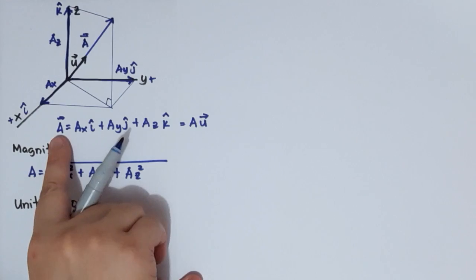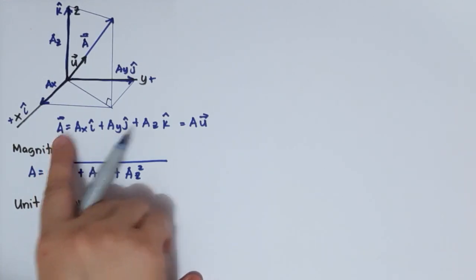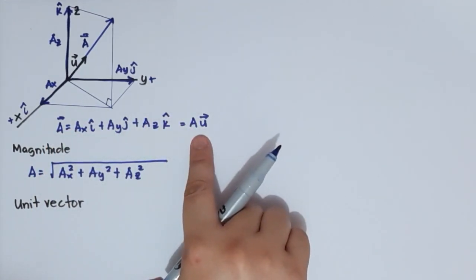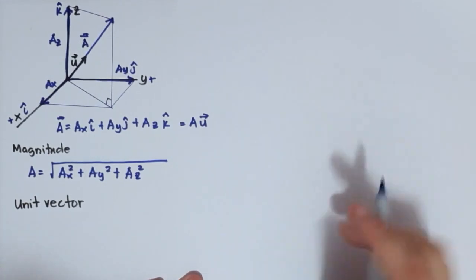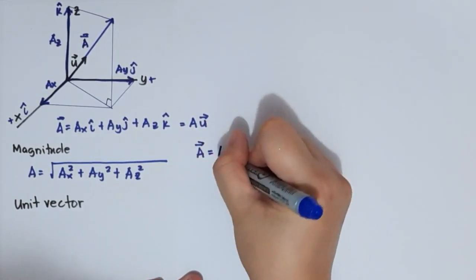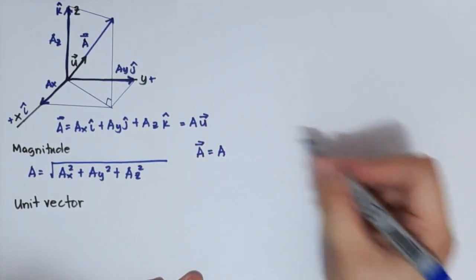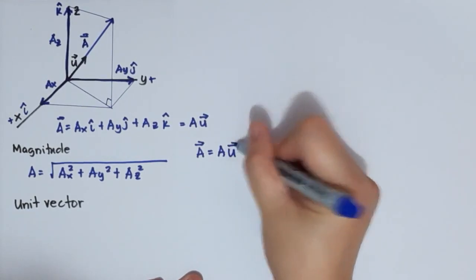This is the general form for the unit vector. In short, A is just equal to the magnitude of A times its unit vector.